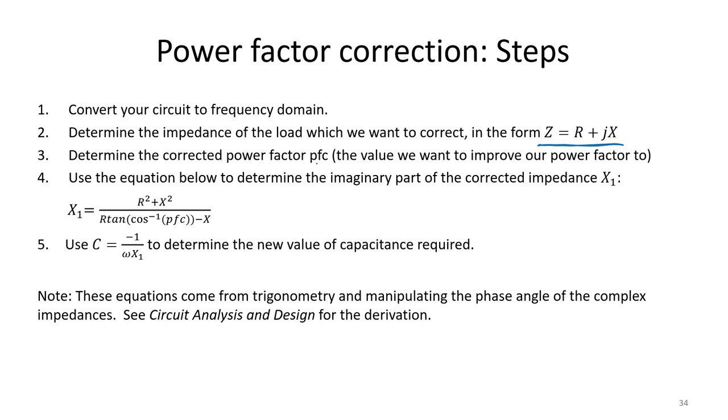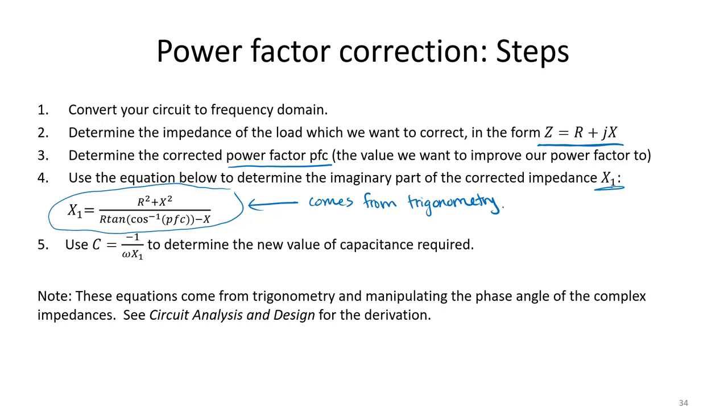We identify what we want to correct our power factor to, and then we use this equation to determine the imaginary part of our corrected impedance. One thing to note is this equation comes from trigonometry.